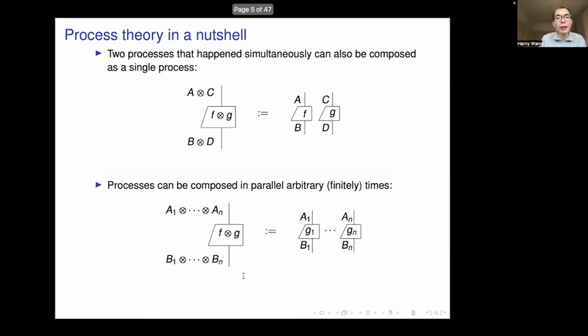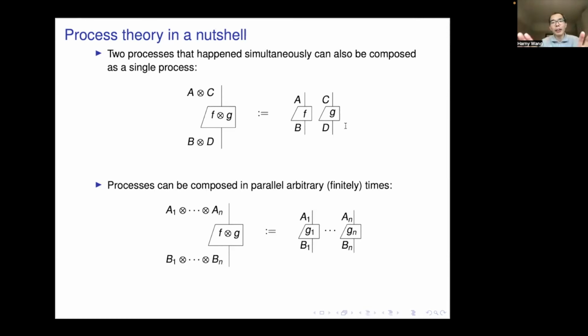Another way is, how about if two processes happen simultaneously at the same time? Then the easiest way to represent them is to just put them side by side. Let's say a process F happens, and at the same time, a process G happens.